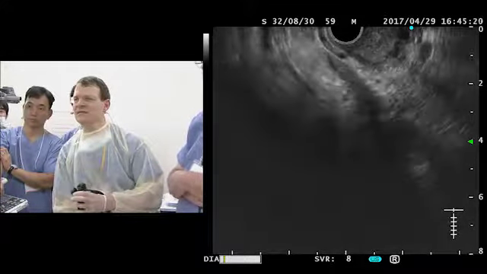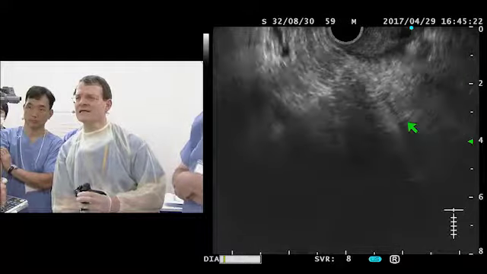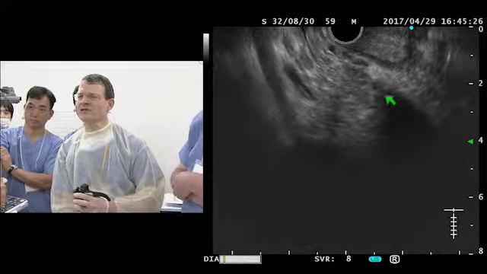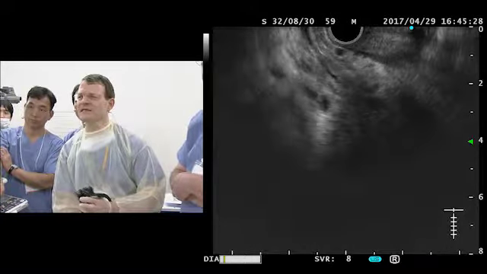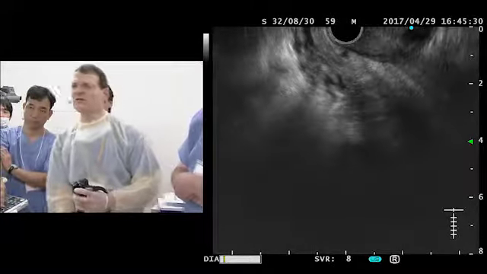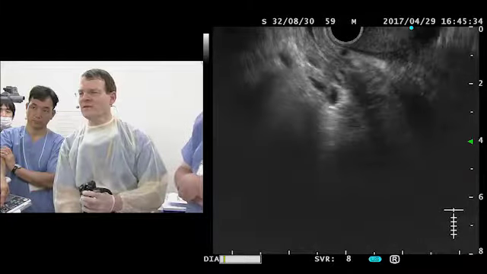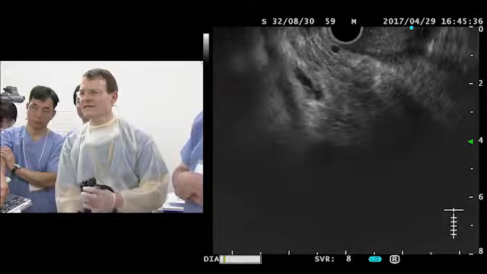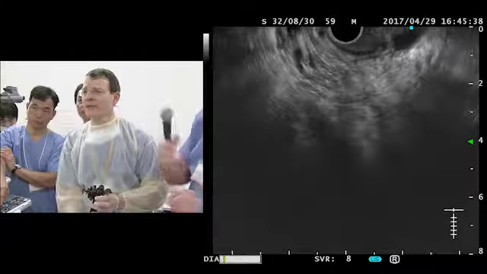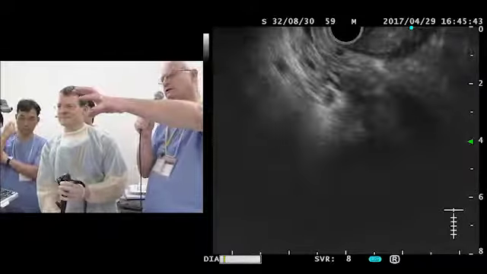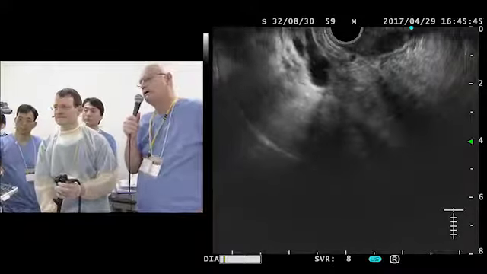So you see here now in the middle the pancreatic duct, and we can trace this, and there is a connection to this cystic tumor, where we think this is a side branch IPMN with dilated side branches. But we're also concerned about thickening of the duct in this area.